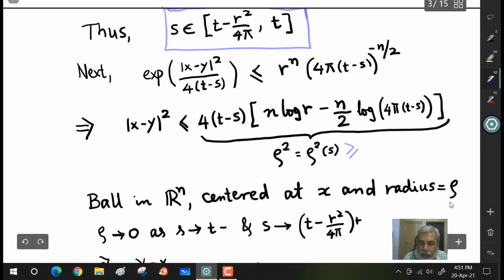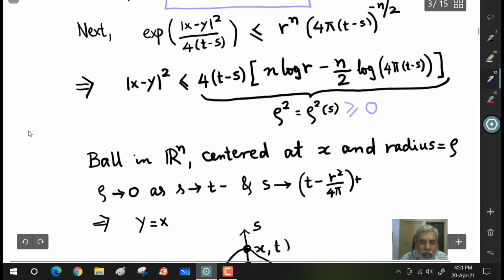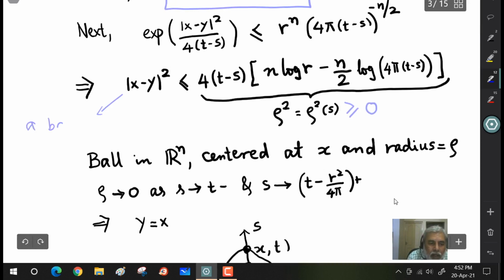Of course it depends on s. So what it gives us, for each level s, this just defines a ball in R^n, centered at x, that's the given point in R^n, and radius rho.